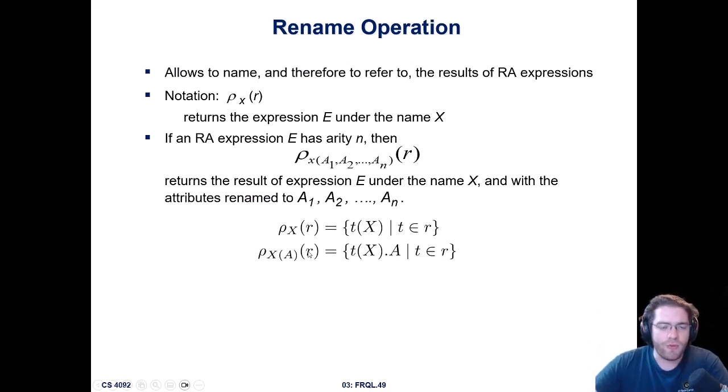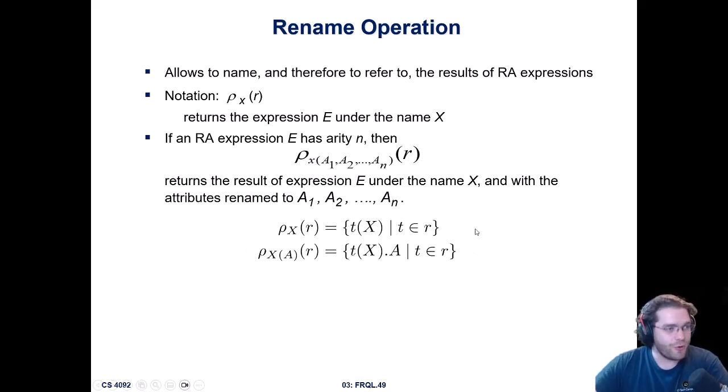If we said the rename of relation R with the expression X with the attributes A, it is such that all the tuples in X and their attributes are renamed here to whatever is provided in the relationship R that we first started with, okay?